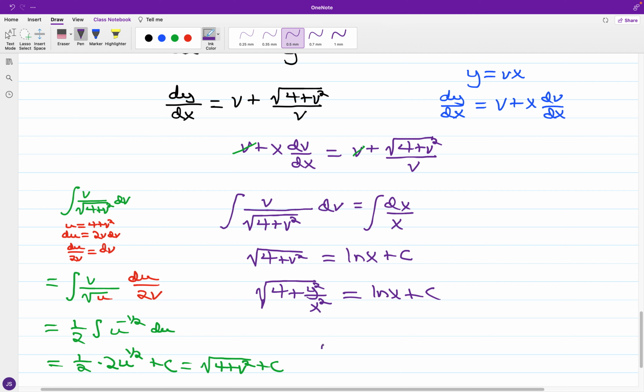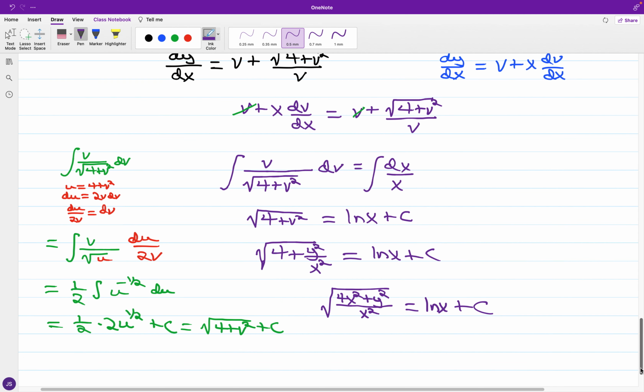And if I gather the terms together, and I'm just going to sort of restate here, so we have the square root of 4x squared plus y squared over x squared is equal to the natural logarithm of x followed by the constant.